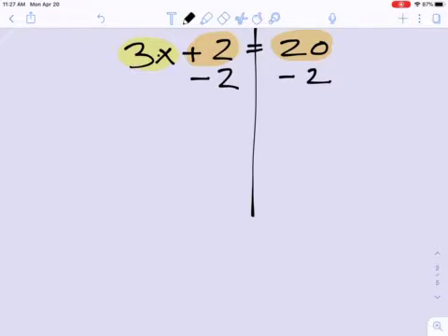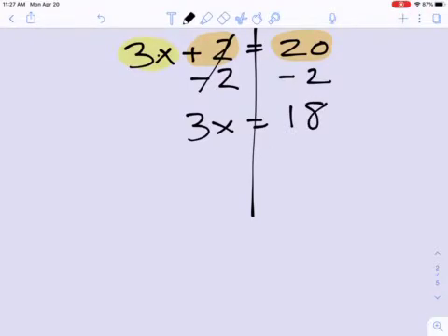So 3x plus 2 equals 20. I'm getting rid of the 2 on this side. I'm moving it over to the other side. When I move it over to the other side like that, it is changing signs. So that leaves me with 3x, because plus 2 and negative 2 cancel. And then you have 20 minus 2, which gives me 18.